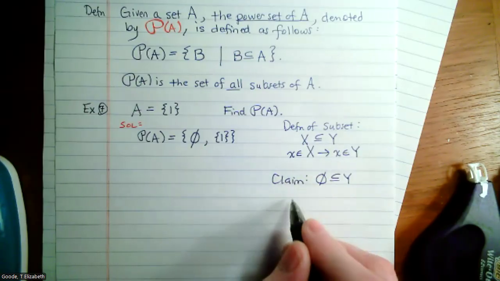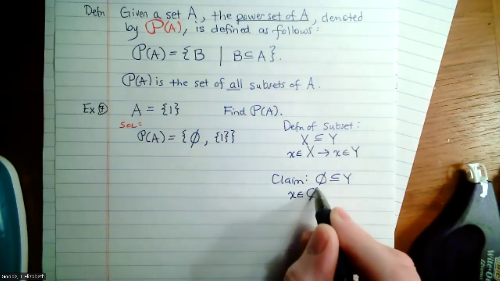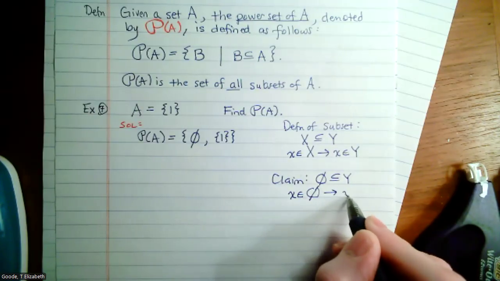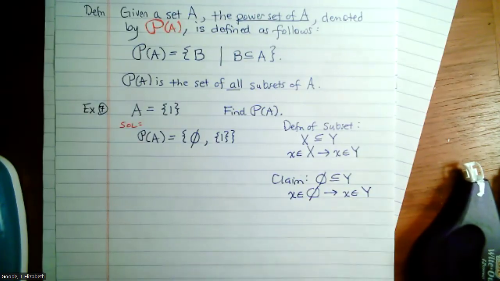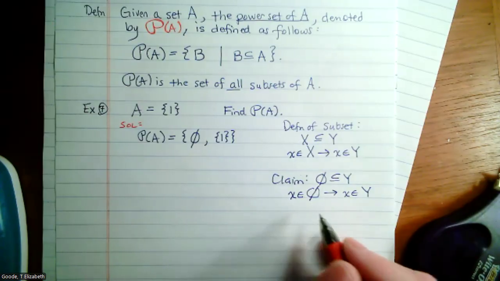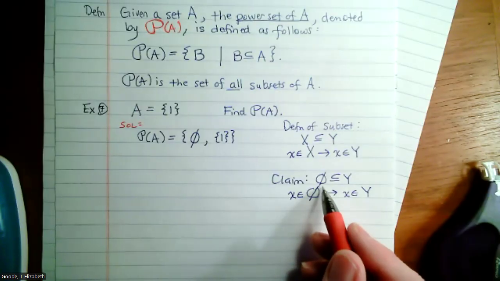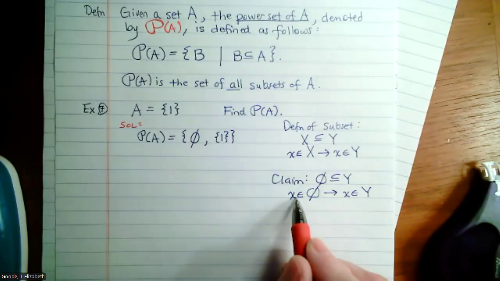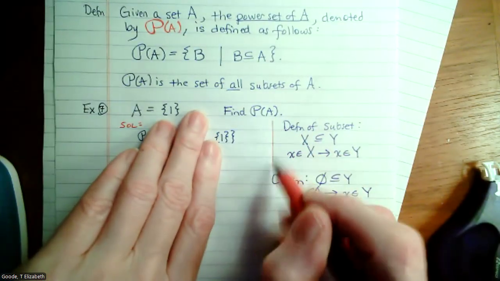Because it satisfies the definition. If x is an element of the empty set, then x is an element of Y. Why is that true? You remember the definition of subset.